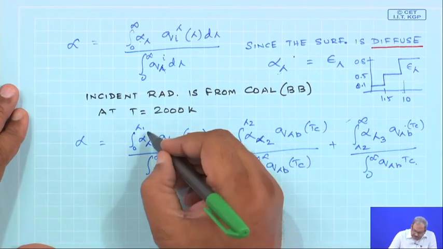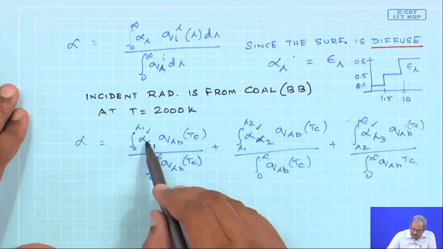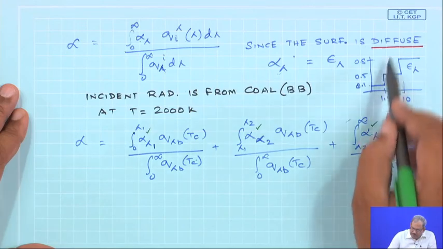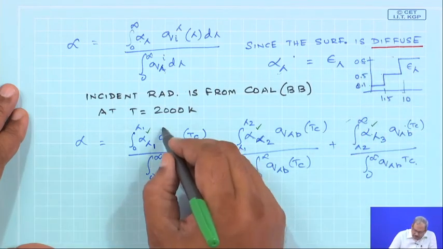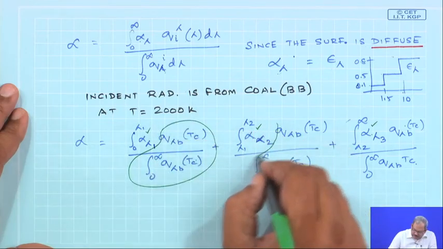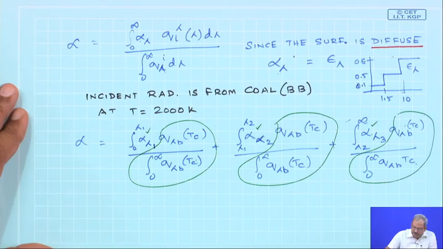Now, these are constants. We know the values: this is equal to 0.1, this value is equal to 0.2 and this value is equal to 0.8. However, this part is simply the black body radiation function.